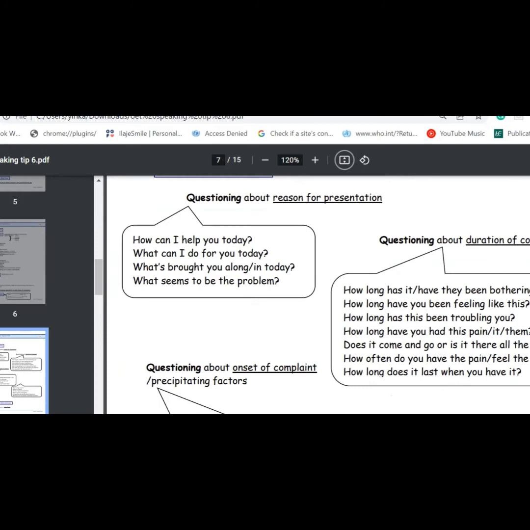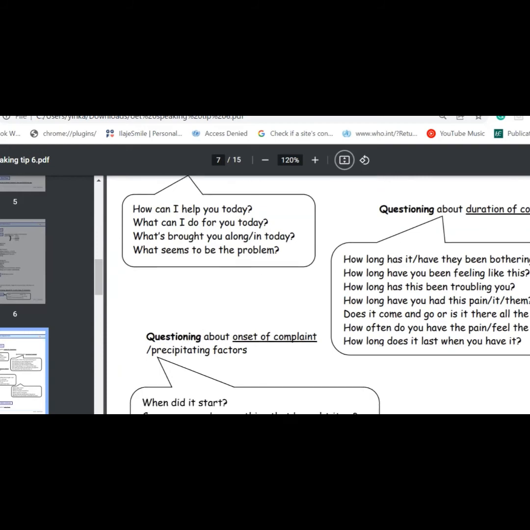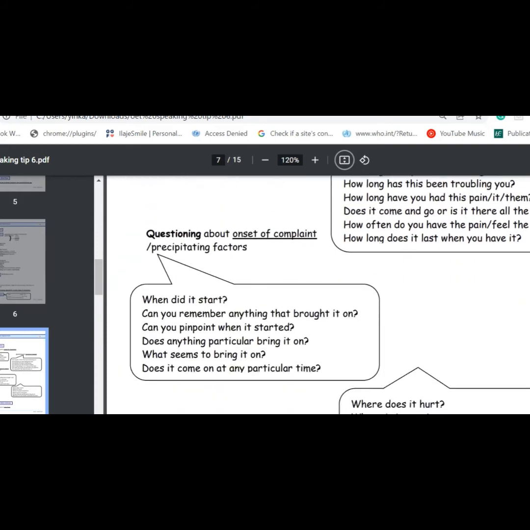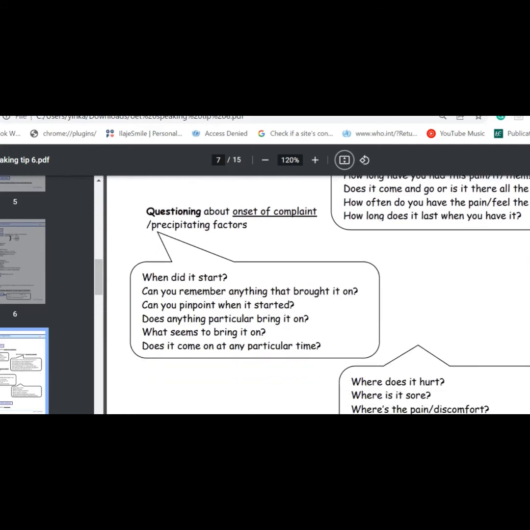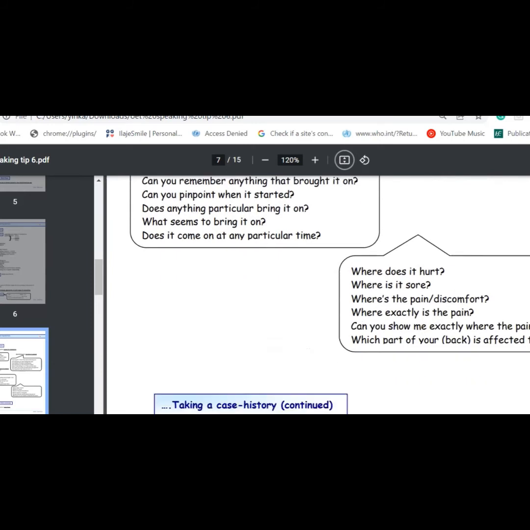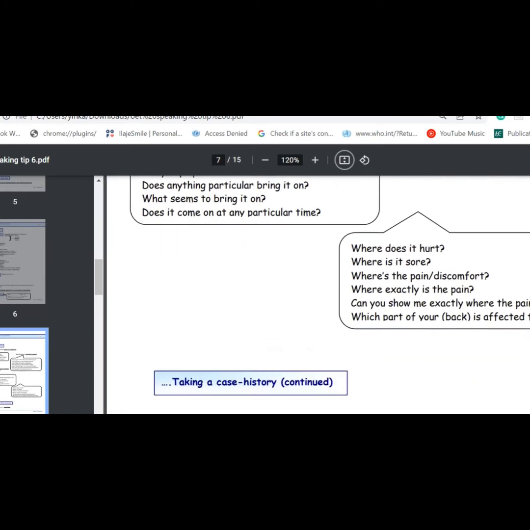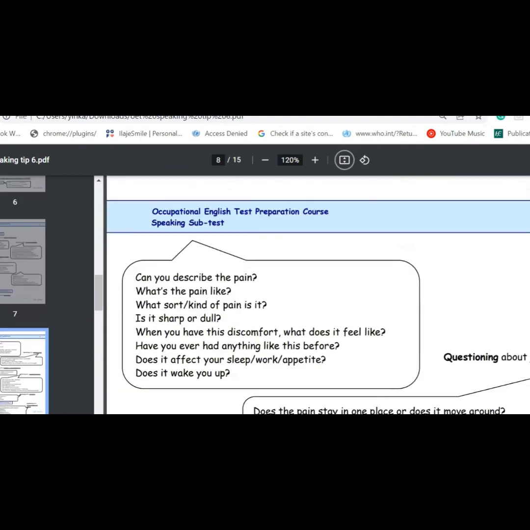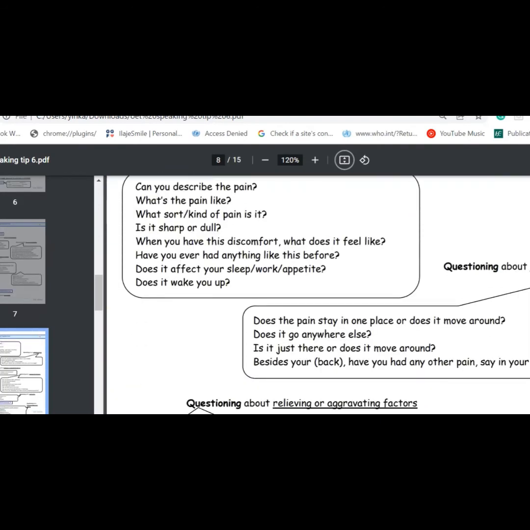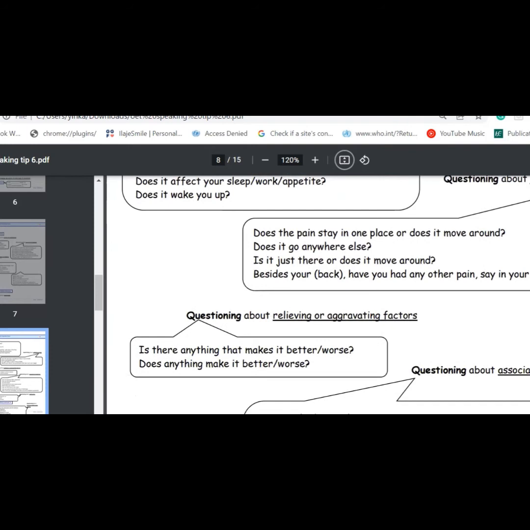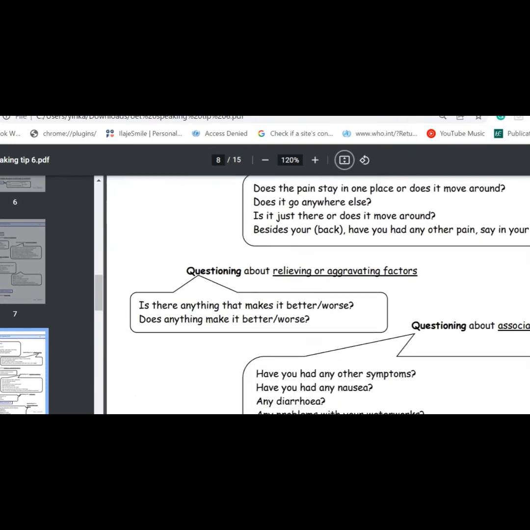Questioning about duration of complaint, those are the kind of things you ask. Questioning about onset of complaint, those are the kind of questions you ask. Where does it hurt? That's the location or more things about the complaint. So taking history continues. So I need you to go and study this and practice with it.